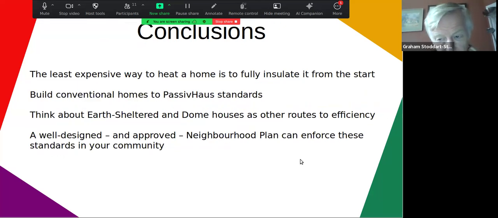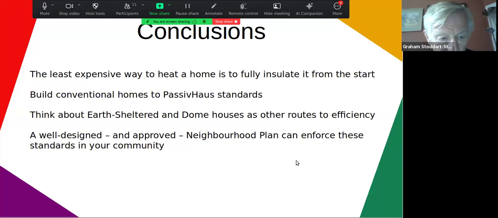So just to conclude what we're talking about today, by far the least expensive way to heat a home is to get its insulation right from the start. Interestingly, the cost of a passive house or a dome house or a sheltered house is not necessarily any greater than a conventional home would be in the same place.